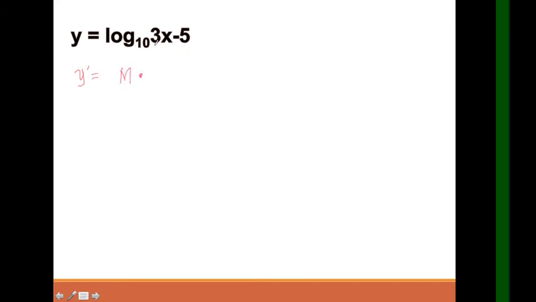And then, parang ganyan lang siya kanina. So, dy over dx. So, we have derivative of 3x minus 5 is 3. And then, copy 3x minus 5. Okay, so that's our final answer here. So, ganun lang siya kadali. Okay? Parang yung mga first example natin kanina.